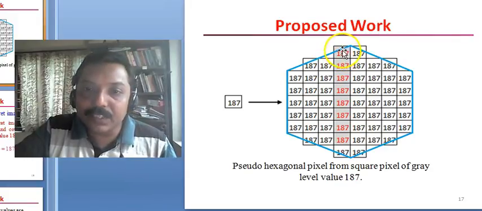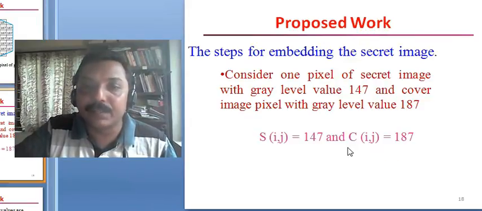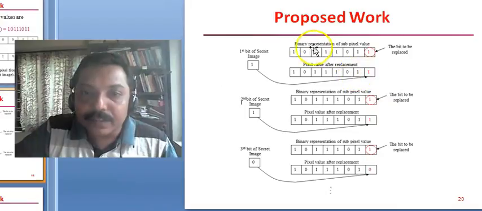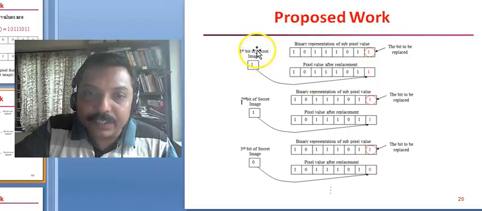Actually, we can use any row or column for hiding the pixel value, but in this example I am using this particular column for hiding the secret image. So this is the binary representation of the subpixel value, and the first bit of the secret image is 1.